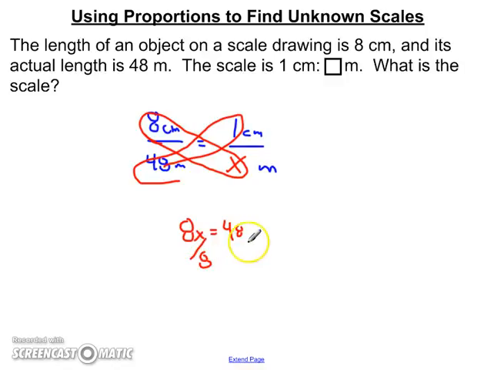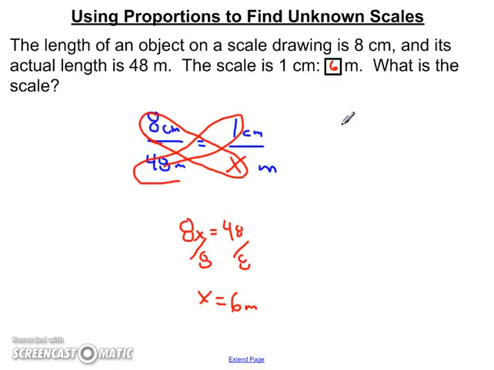In some cases it might be simple, in other cases it might be a little more complex, and you might have to do a little more work. But in this case, 48 divided by 8 is 6. So 1 centimeter on the drawing represents 6 meters in real life.